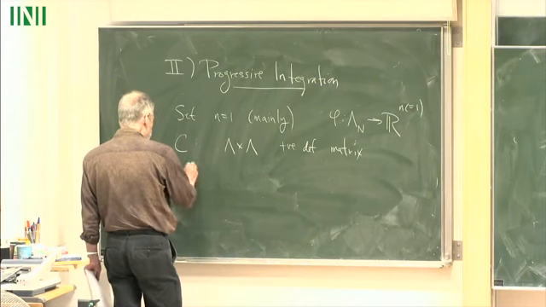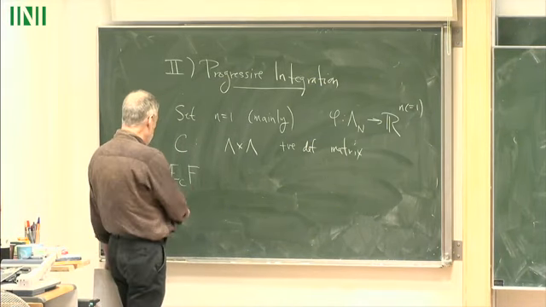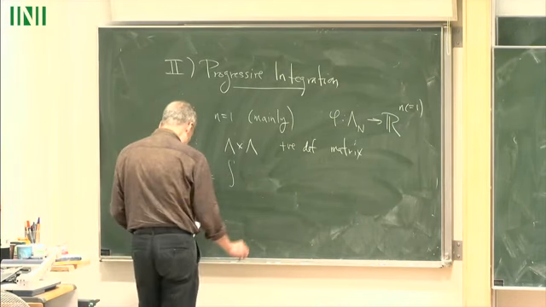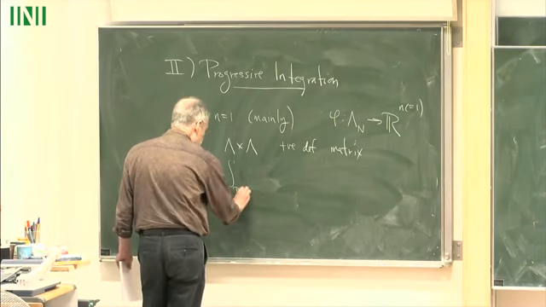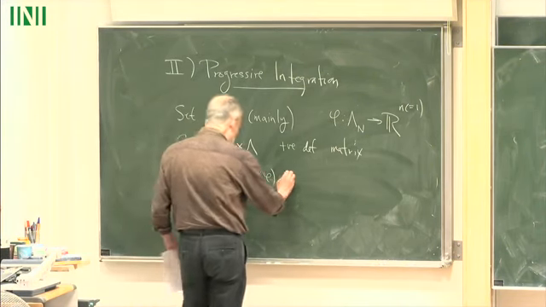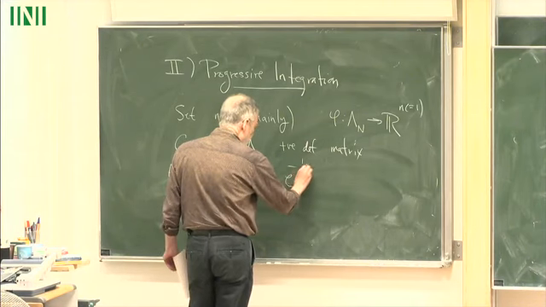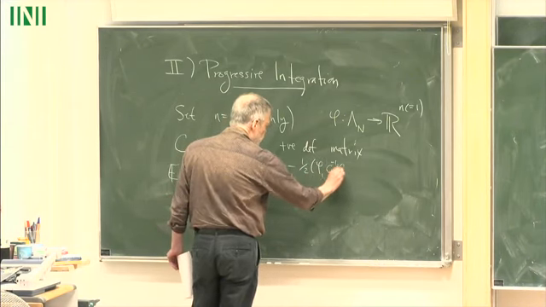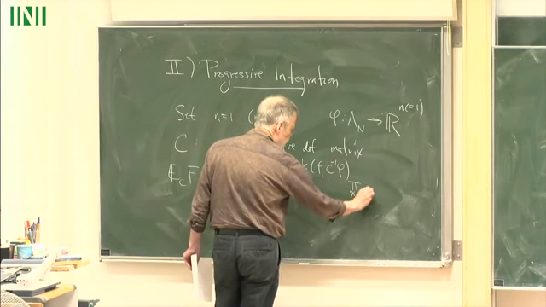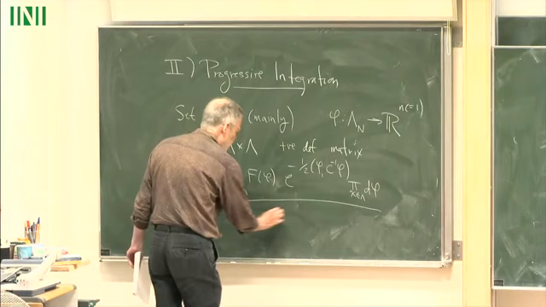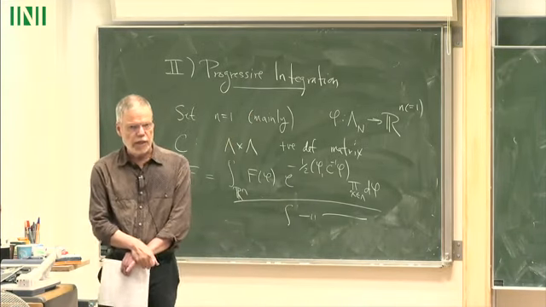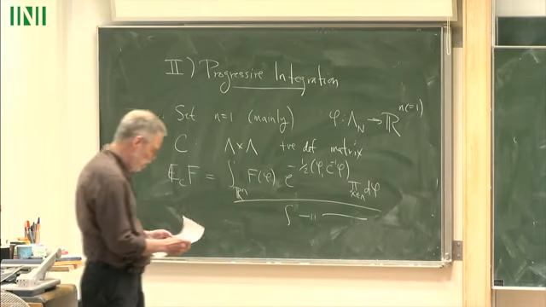If I integrate a function of the field with respect to this Gaussian measure, what I'm doing is the integral over R to the Lambda for n equals 1 of f of phi times e to the minus 1/2 phi C inverse phi, product over x in Lambda of d phi x, normalized. All right, so that's what I mean by a Gaussian expectation with covariance C, a very familiar object.